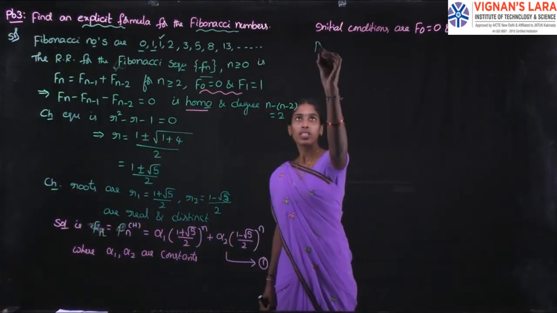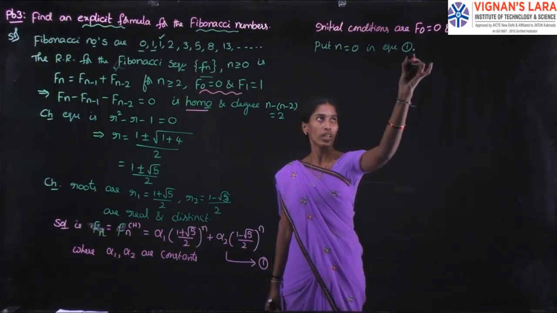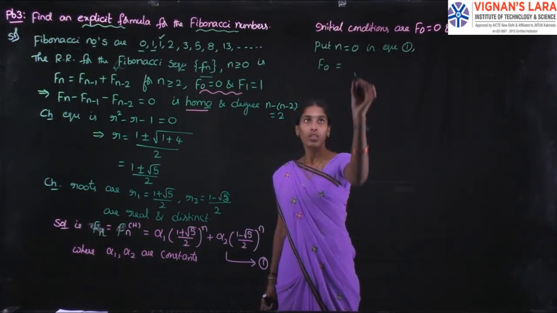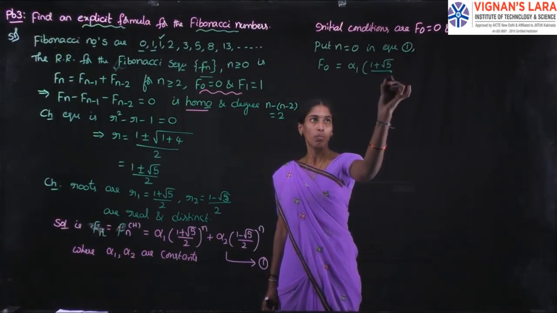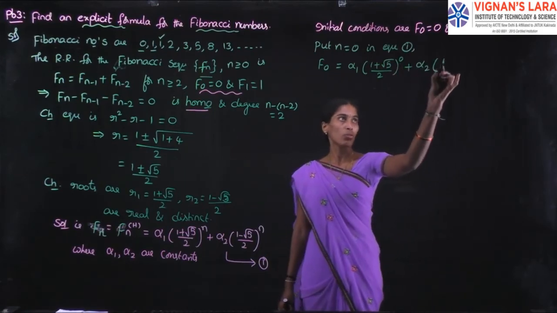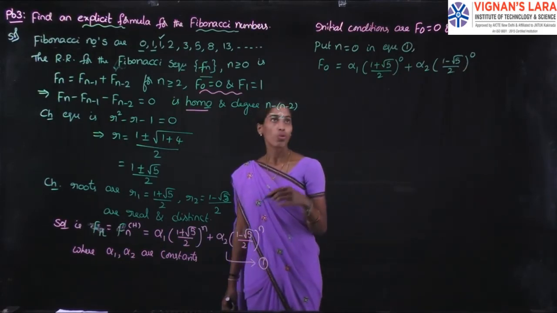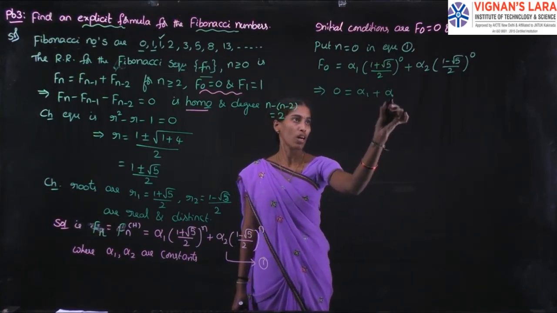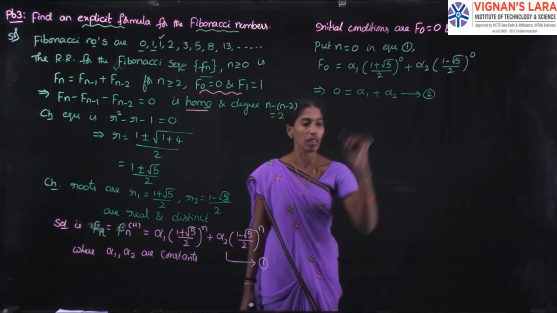Now put n is equal to 0 in equation 1. We get F0 is equal to alpha 1 into 1 plus root 5 by 2 whole to the power 0 plus alpha 2 into 1 minus root 5 by 2 whole to the power 0. So F0 value, which is 0, is equal to alpha 1 plus alpha 2, because x to the power 0 value is 1. Let it be equation 2.